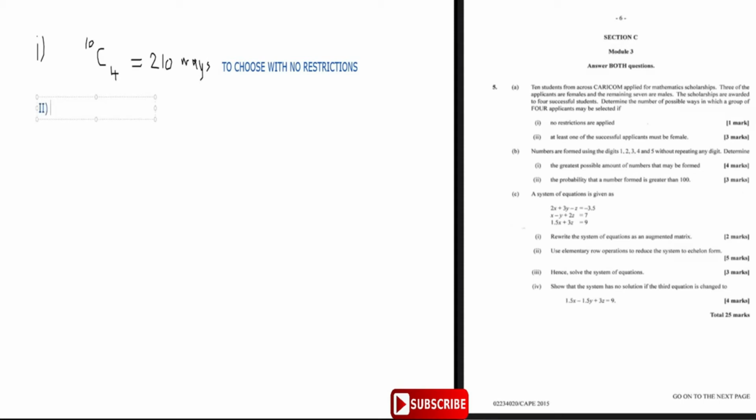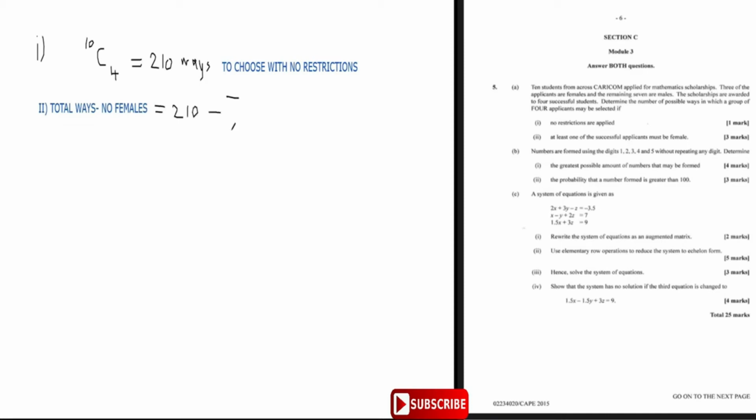So it's going to be the total ways minus the number of ways with no females. The total number of ways we just found was 210, minus no females.